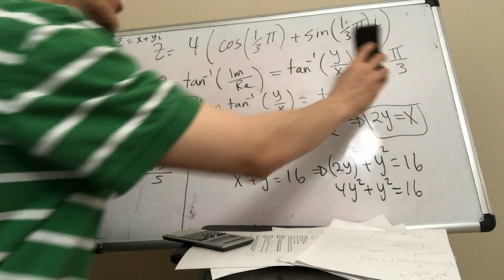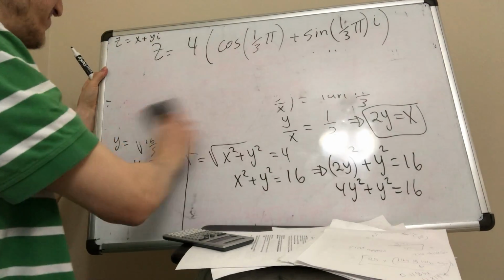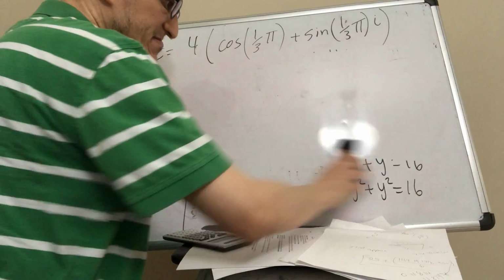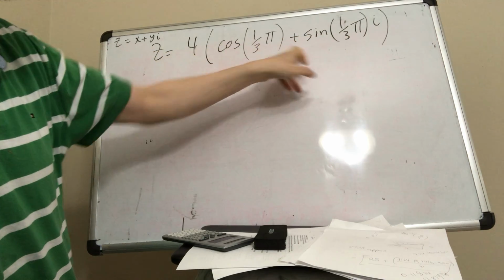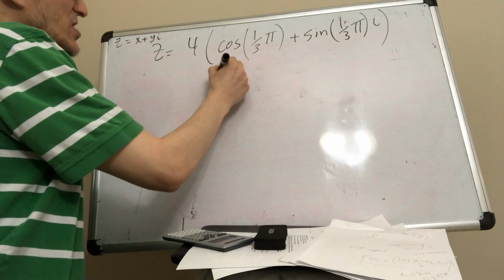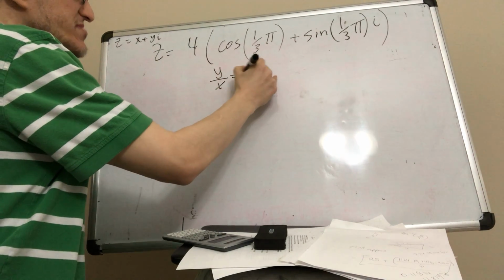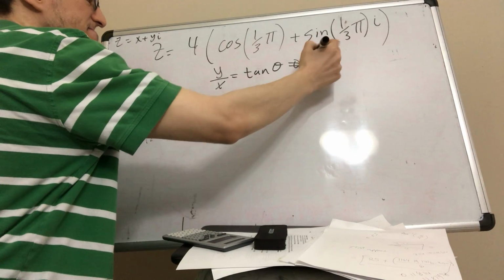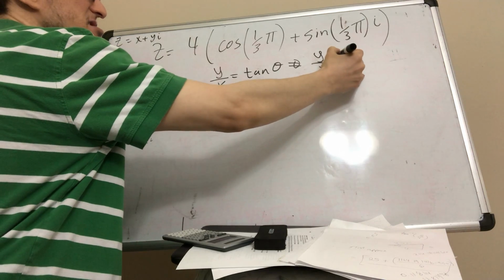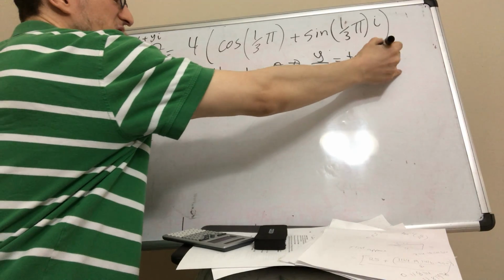And from here, oh, I did something wrong, actually, in some of the calculations. I'm going to do it again, sorry. And I'll simplify it this time. Okay, here we have theta. I told you y over x would be tan of theta. So it would be tan of pi over 3.